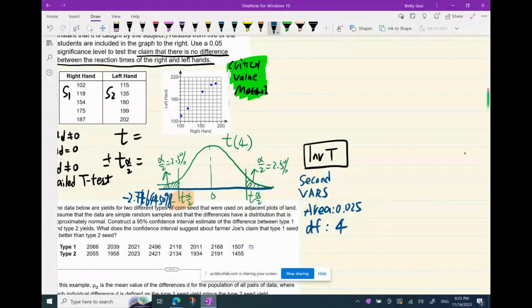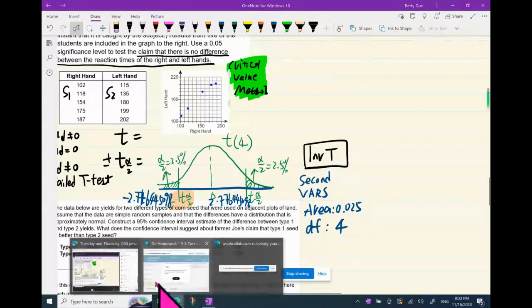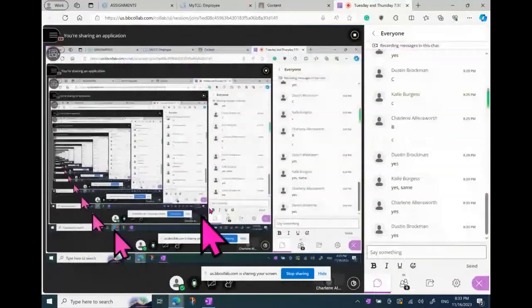And the positive critical value would be positive 2.776445098, right? Yeah. Tell me, guys, do you have the same critical values as me? Awesome. You guys are great.